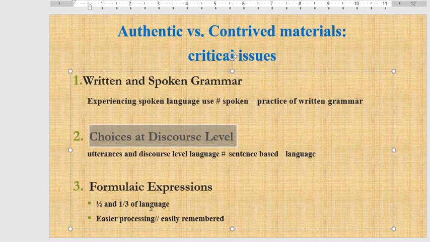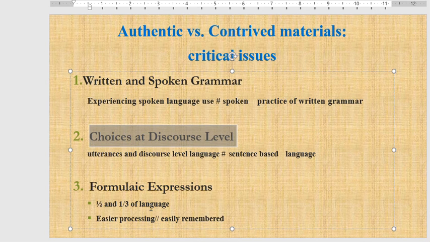Okay, the point is that if you want to compare and contrast authentic materials with contrived materials, authentic materials include formulaic expressions, but contrived materials include isolated vocabulary items or expressions.